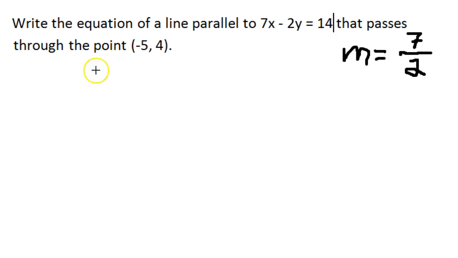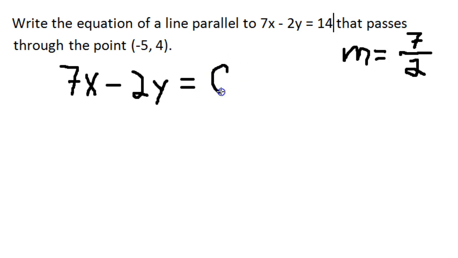Now we can rewrite the equation. We know that this equation will be parallel: 7x minus 2y is equal to c.